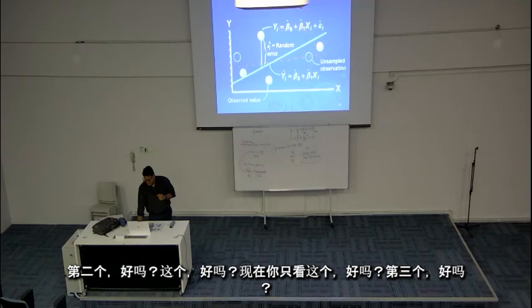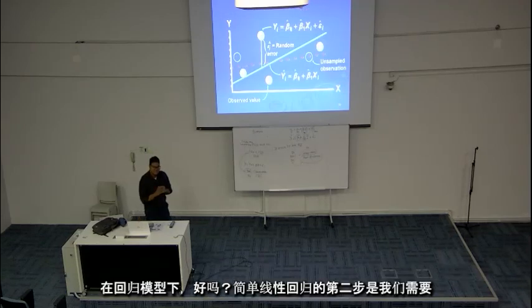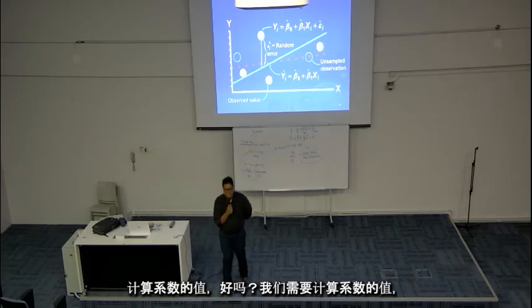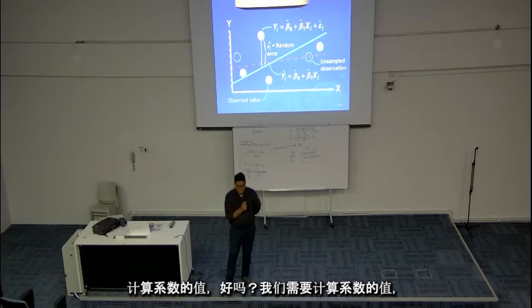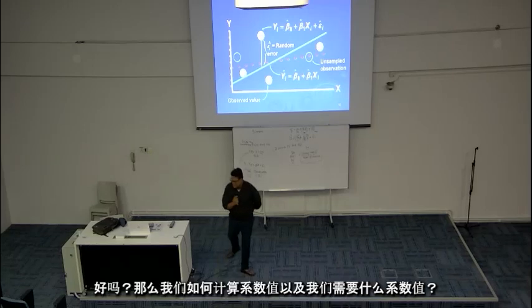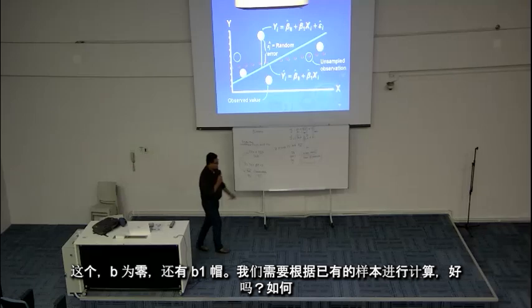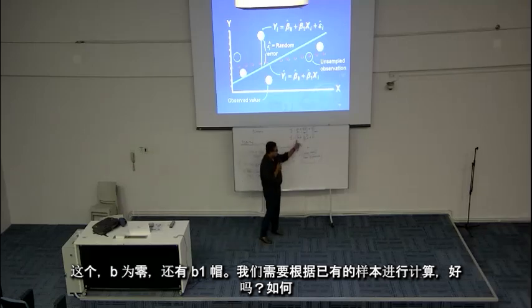The third one, under the regression model, the second step for the simple linear regression is that we need to calculate the value of the coefficients. What coefficient values do we need? b0 hat and also b1 hat.